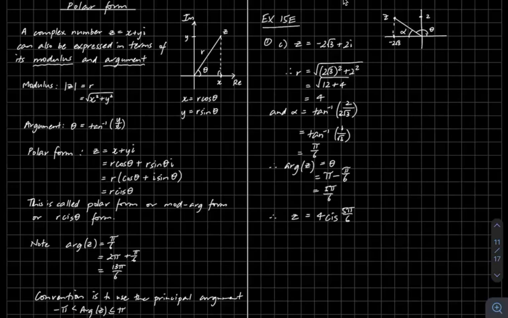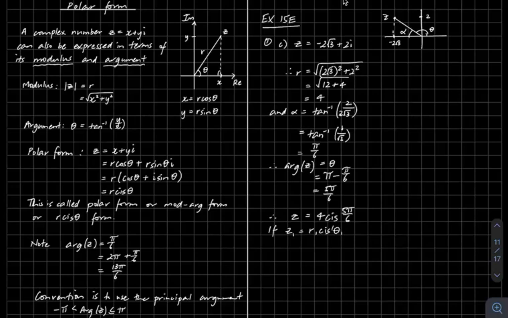Just before we finish up here, a couple of things which are going to be useful for us, results with working with polar form. In fact, it is a lot easier to multiply and divide complex numbers in polar form than in component form or Cartesian form. So let's say we had two complex numbers in polar form.